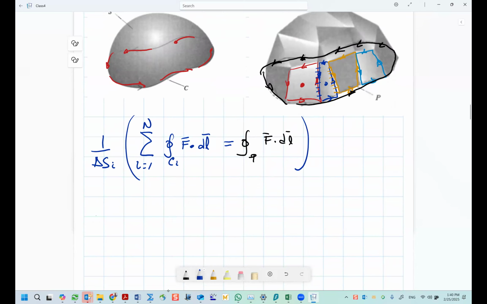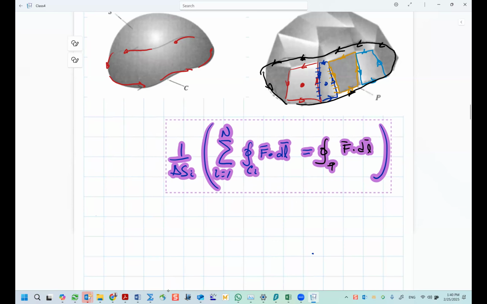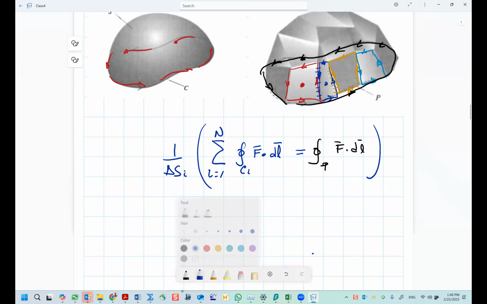And finally, I take the limit when delta S tends to 0 of all this.